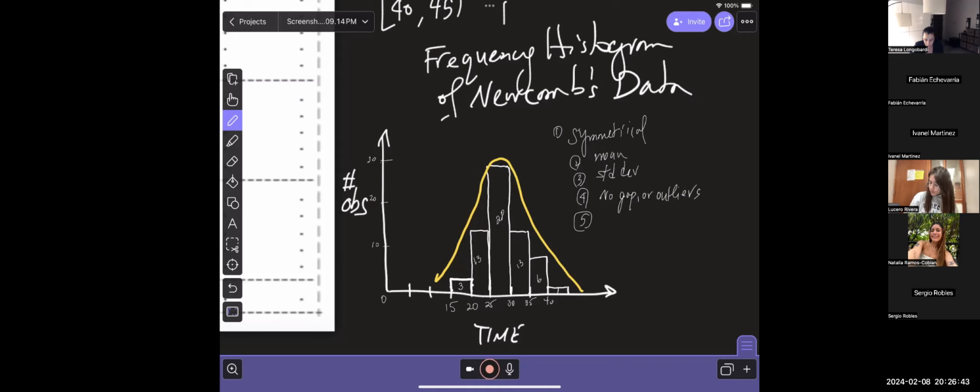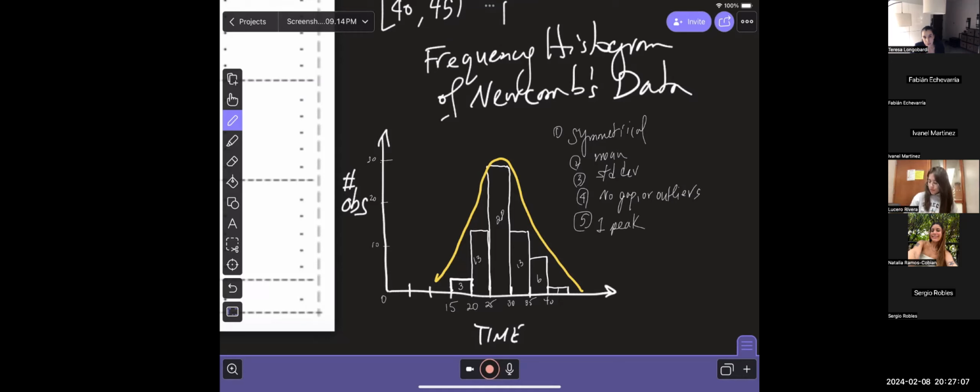So 5 is peaks and there's just one. So that's how you would summarize this, or give what's called the 5 features. So it's very predictable, around 25 to 30.